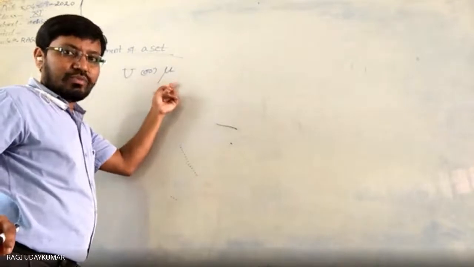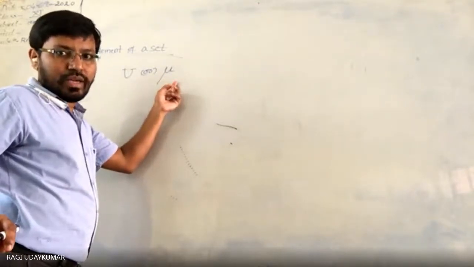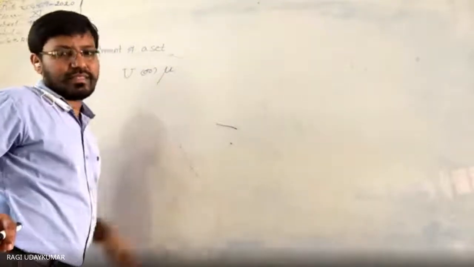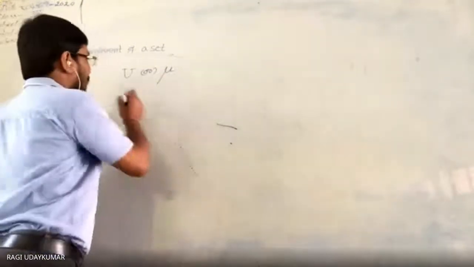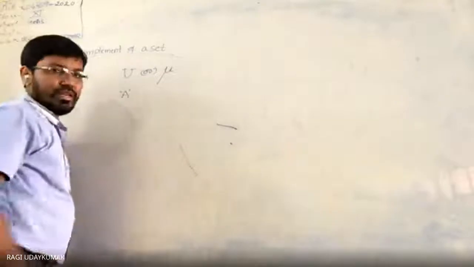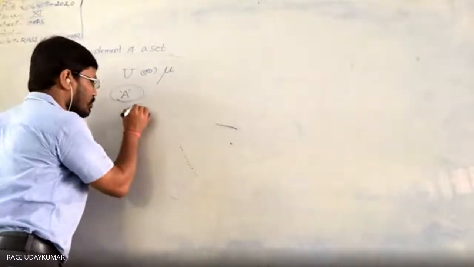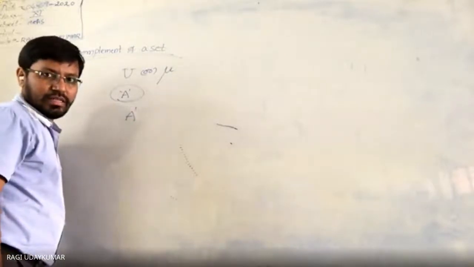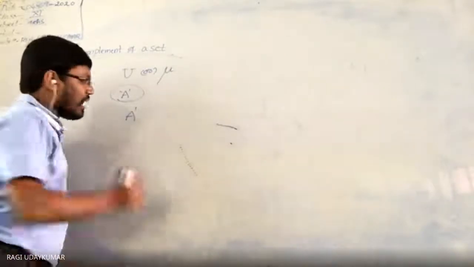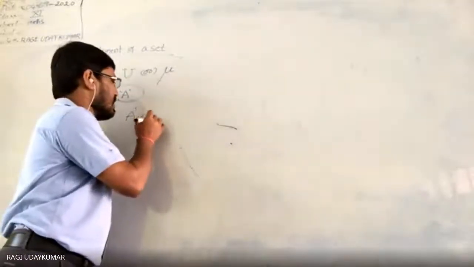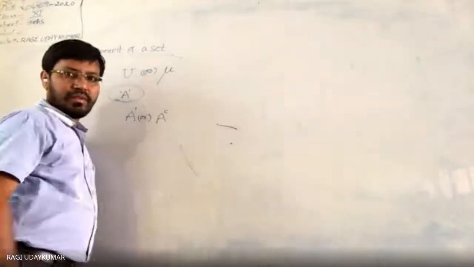This is mu. We call it mu. You can represent the universal set this way also. If this is any universal set and A is any set, then the complement of this set is denoted by A dash. We write A with a dash above, or A with power C. Mostly this is used in your textbook.